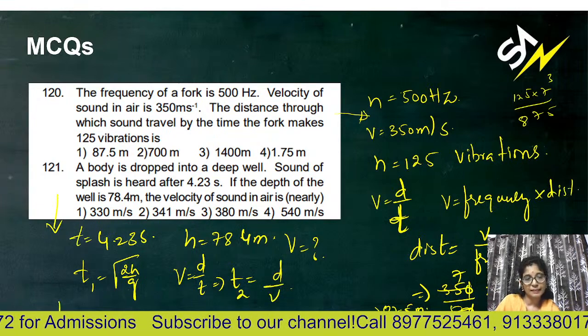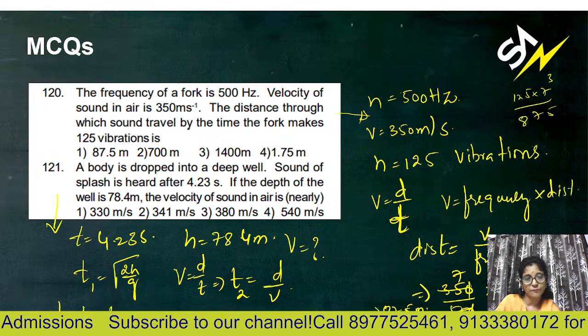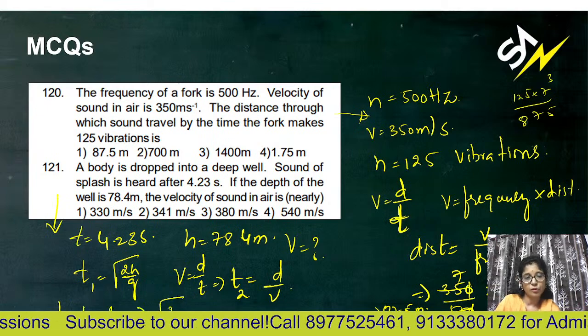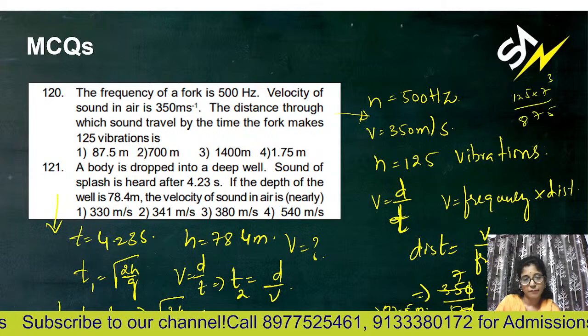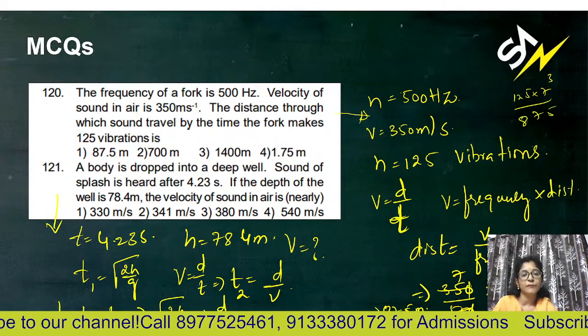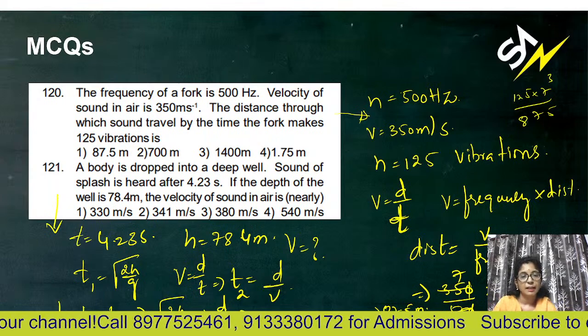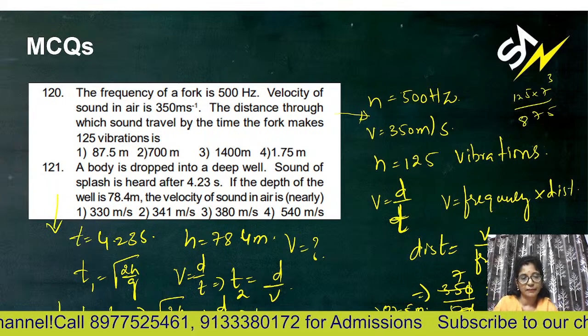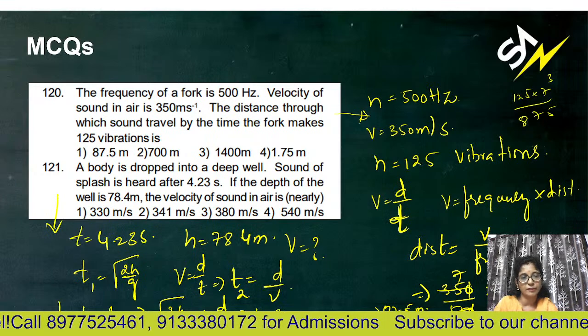So total time is T1 plus T2, that is under root of 2h by g plus d by v.